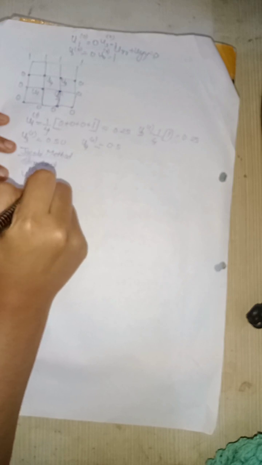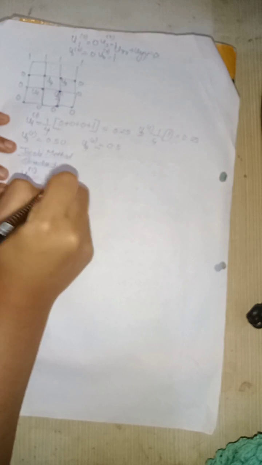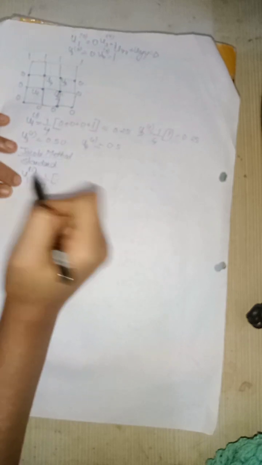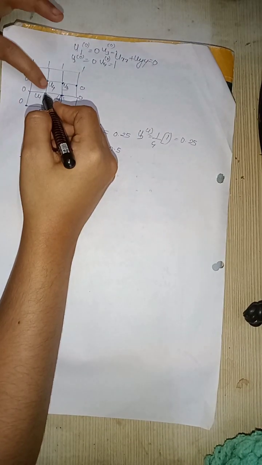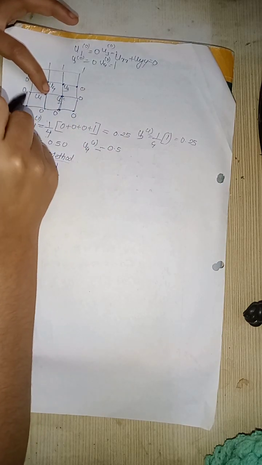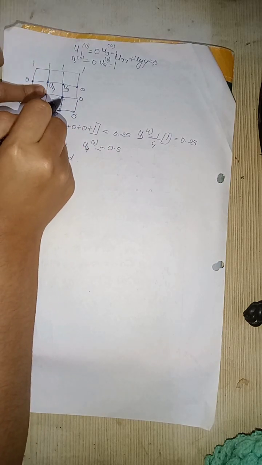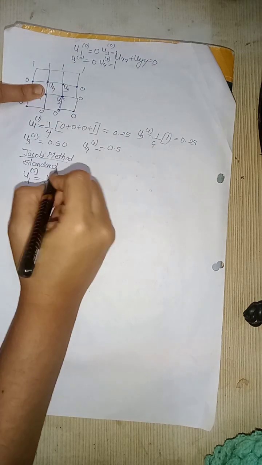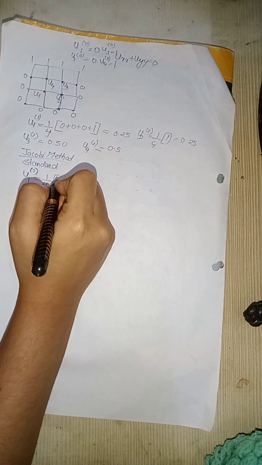So u1 of 2 will be equal to 1 upon 4 into, if you observe u1, you need to have the standard form. So you will have 0 plus 0 plus u2 of 1 and u4 of 1. You'll just use the previous approximation values.